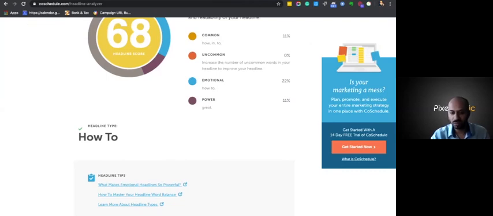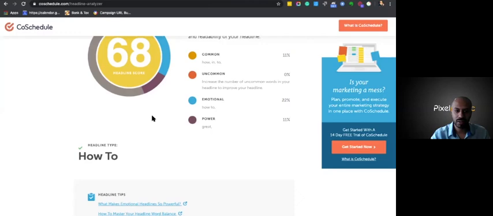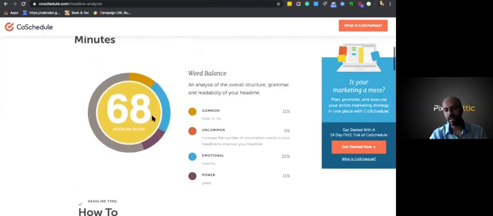So they're using this headline analyzer as a lead magnet to then promote what they really want you to purchase through a 14-day free trial. Again, they're not even asking you to buy the product here. They're giving you a 14-day free trial. So they're making you go through multiple small steps and hoping to convince you at each stage that they are the right platform and they're the right product for your problem.